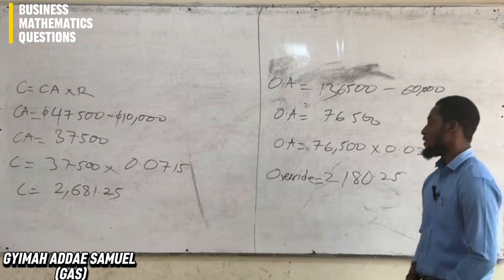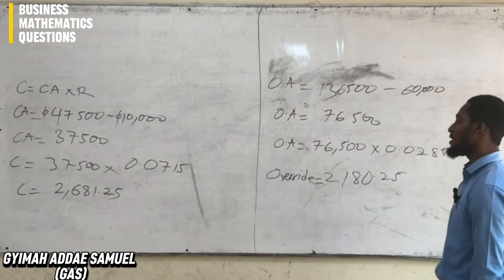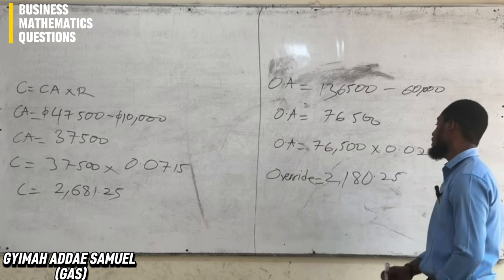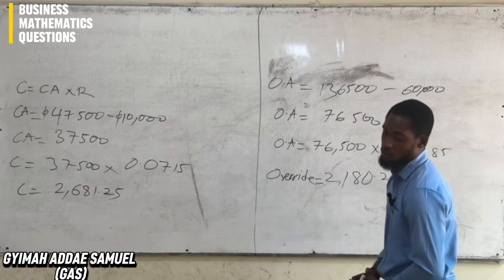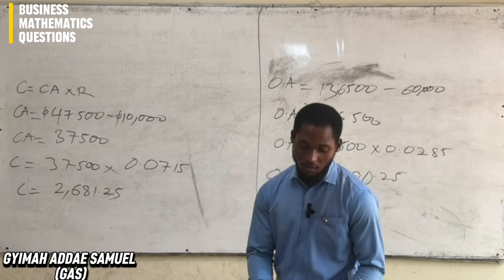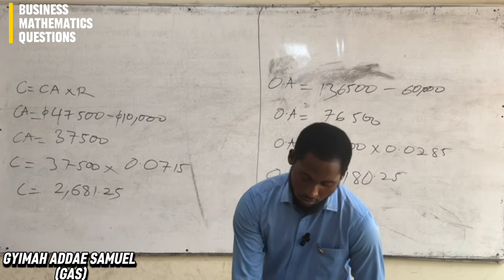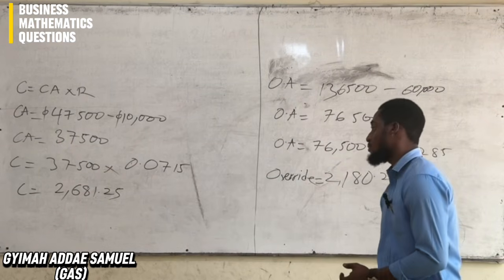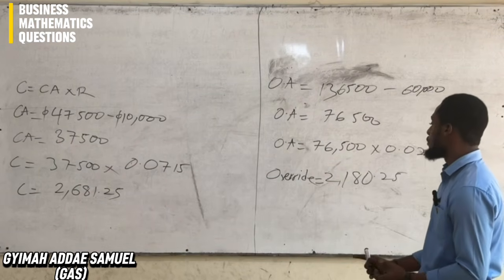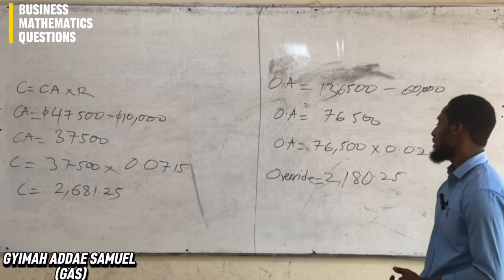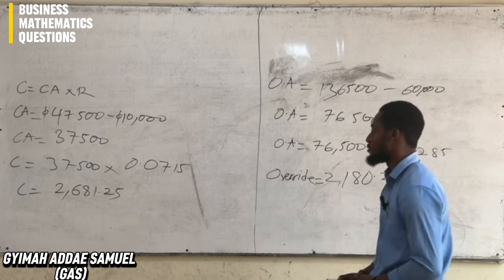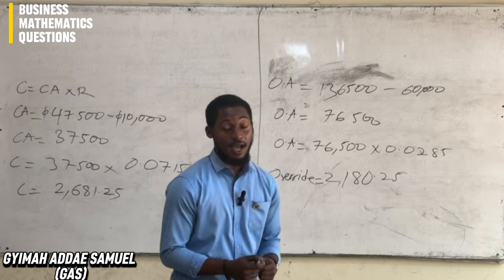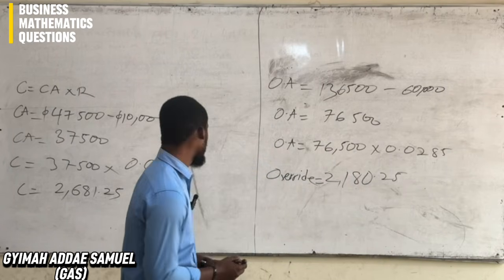So now we have our commission to be 2,681.25, and we have our override to be 2,180.25. And there was a bonus made available in the question, and also a salary as well. So it will be commission plus the override plus the salary plus the bonus in order to aid us get our take home earning.